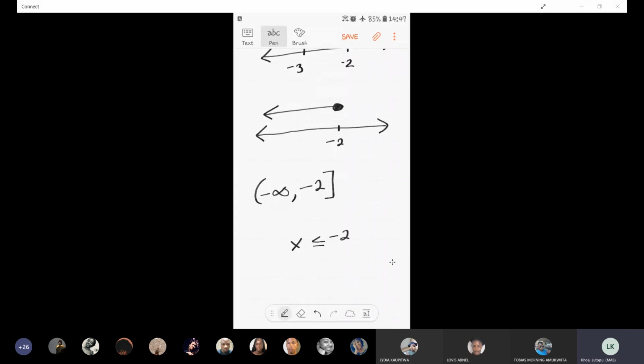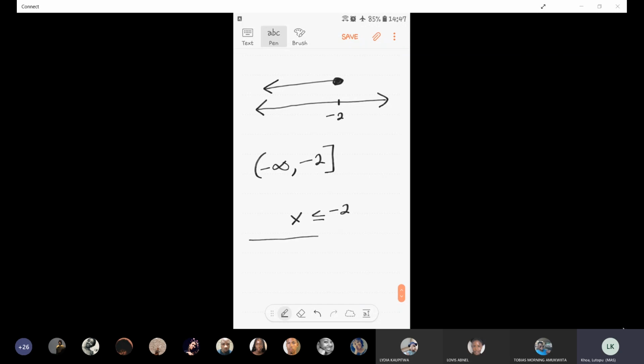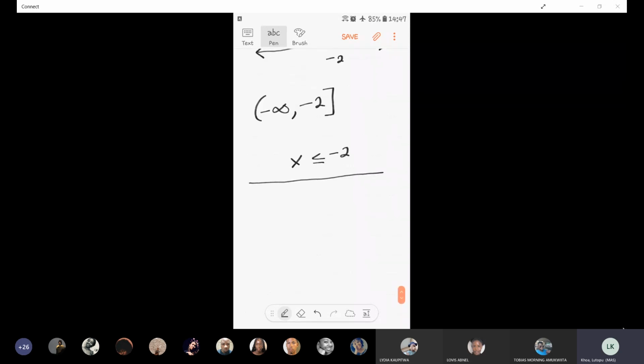Let's look at another one with or. We have 6x minus 4 is less than 2x, or negative 3x is less than or equal to -9.